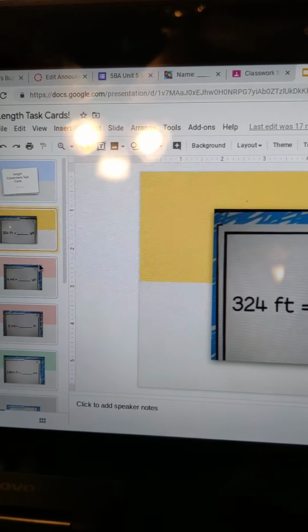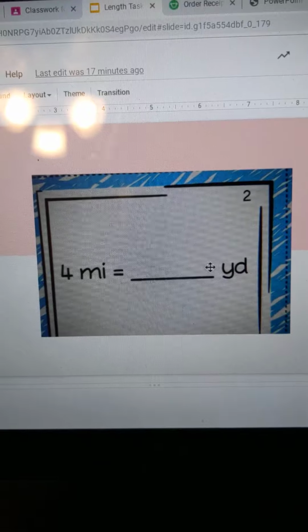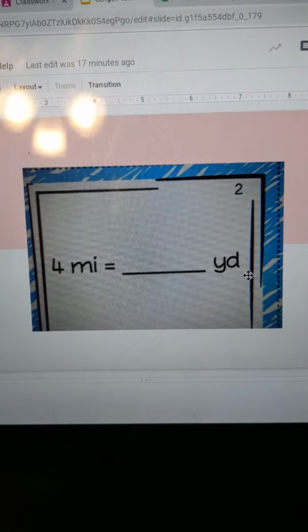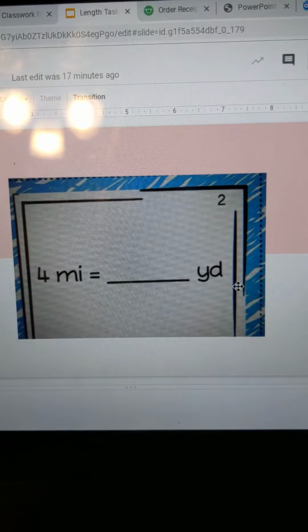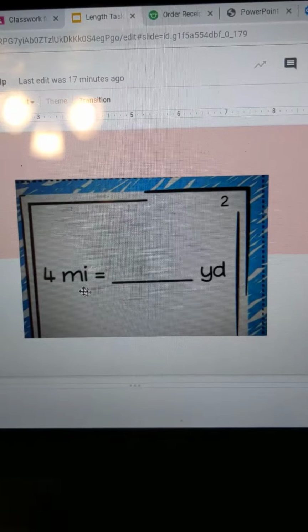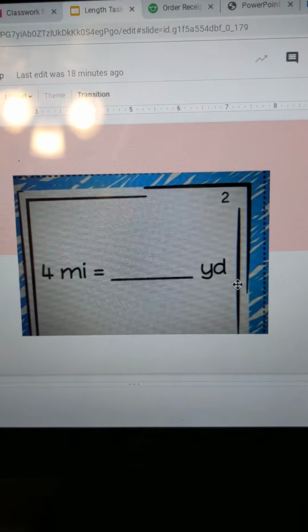Let's look at another one. 2. 4 miles is how many yards? Now, a yard is smaller than a mile, obviously. 4 miles is how many yards? You're changing a larger unit to smaller, so you're going to multiply.